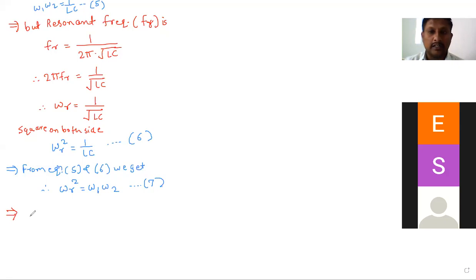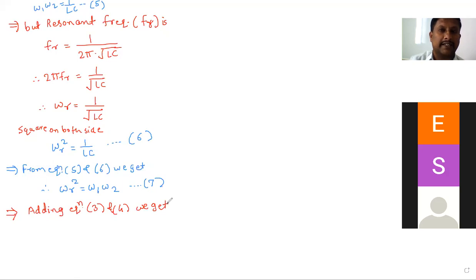Okay. Now equation 3 and 4 you have to recall, you have to use. So adding equation 3 and 4, we get.